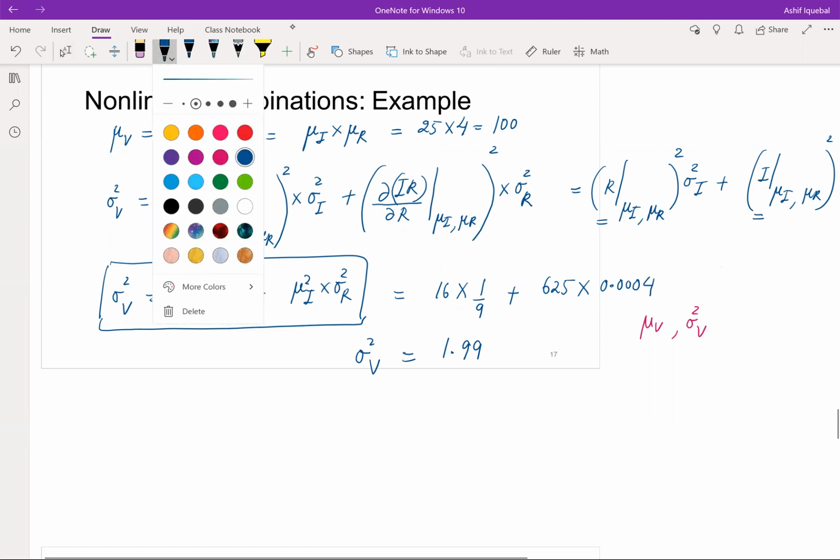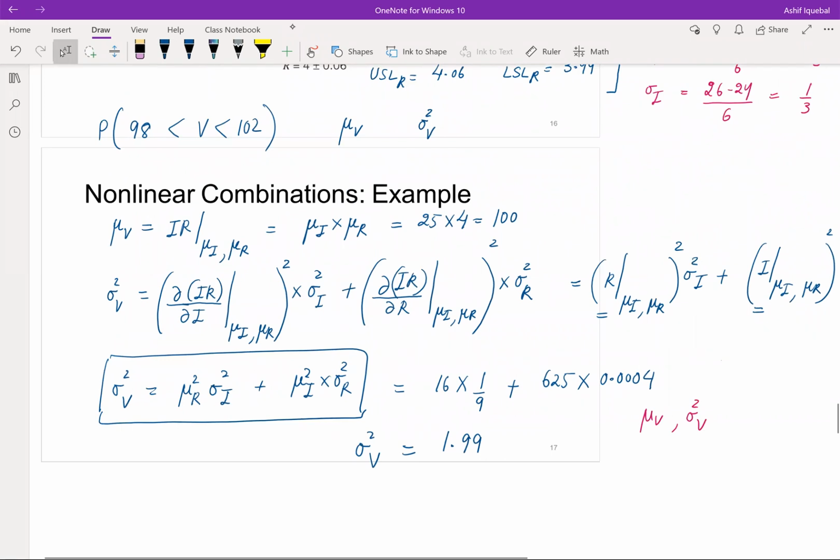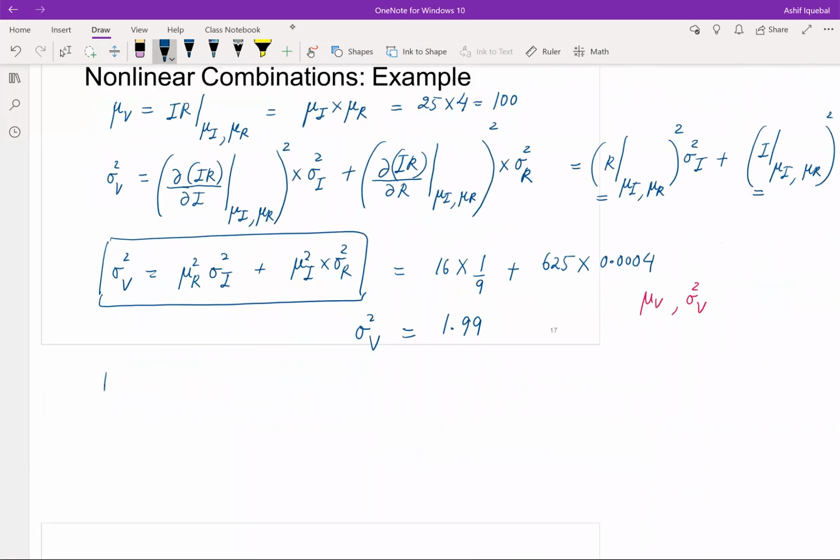Our original probability expression was right here. We wanted to find out the probability that V is less than 102 and greater than 98. Now we know that mu of V is equal to 100 and sigma square V is equal to 1.99.